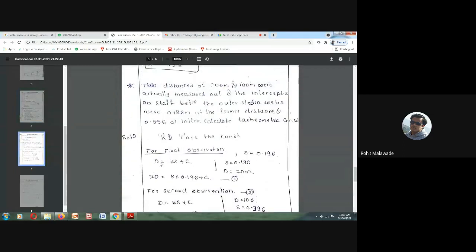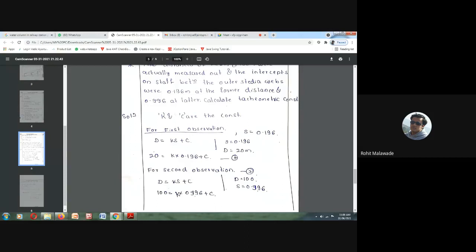That means the staff and the instrument are in a straight line, so D is equal to Ks plus C. Here we know the distance D is 20 meter for the first observation, and we know the staff intercept, 0.196. So 20 is equal to K times 0.196 plus C.